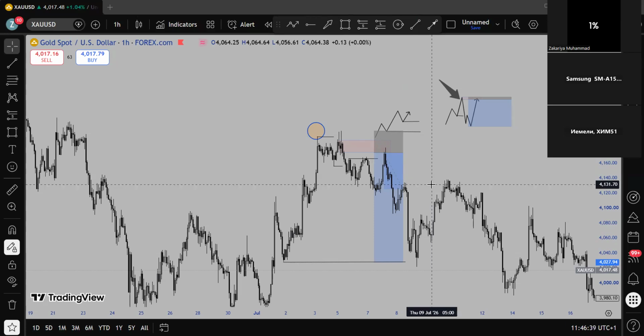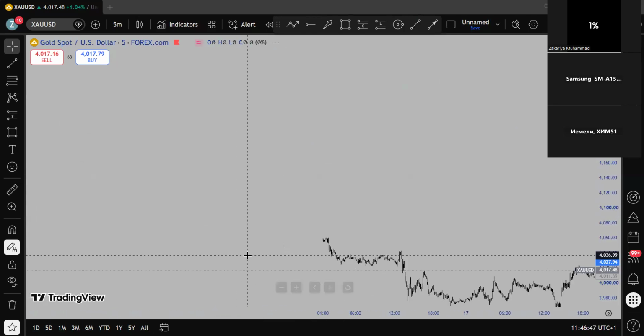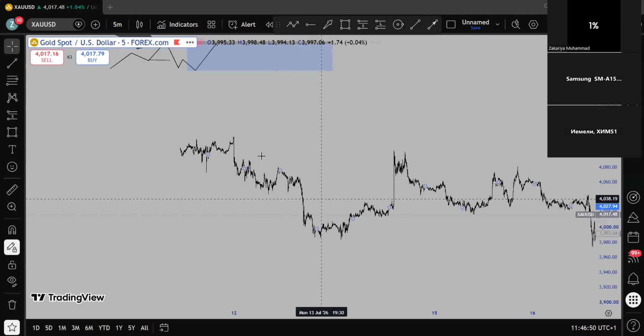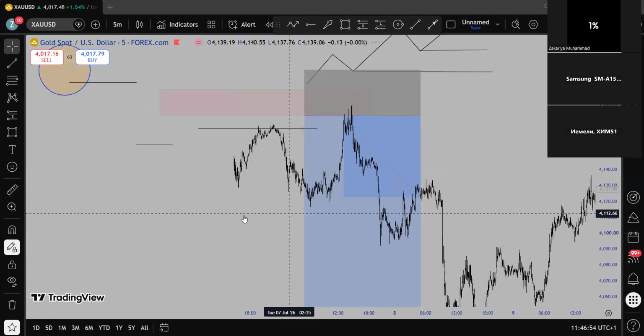You just look for the structures. So inside your zone, look for a valid structure. Let's say, let me go to like 5 minutes inside my zone and see if I can find a zone that can be missed when I say I'm going to wait for that zone to be mitigated.